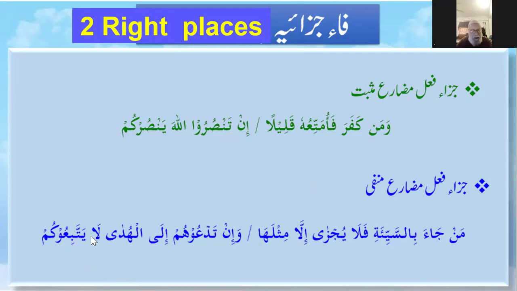Here you can see la yattabi'u. Yattabi'u is a mudari, la is coming as negation, but before that there is no fa used. So these are the two places where you may use the fa or you may not use the fa. Both are correct, and they are fi'l mudari musbat and fi'l mudari manfi.